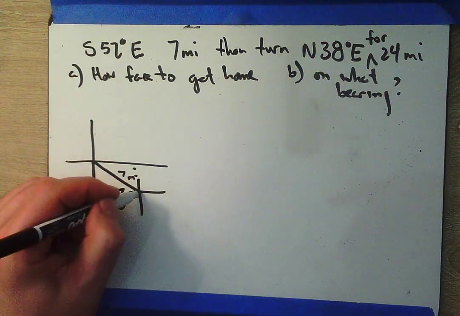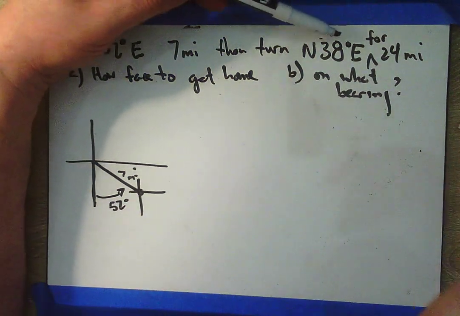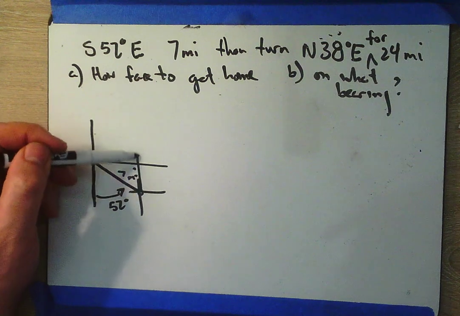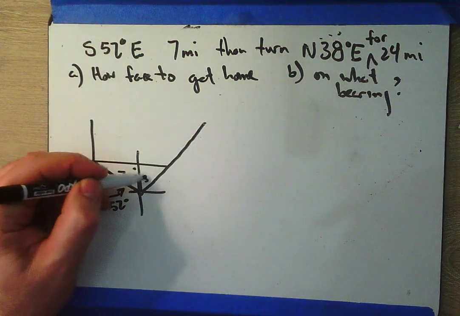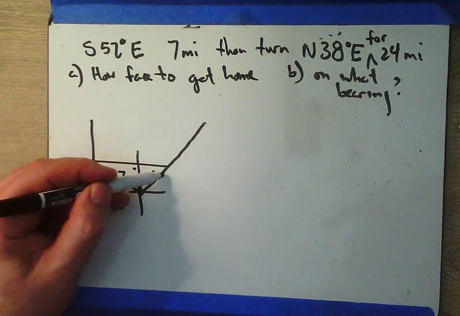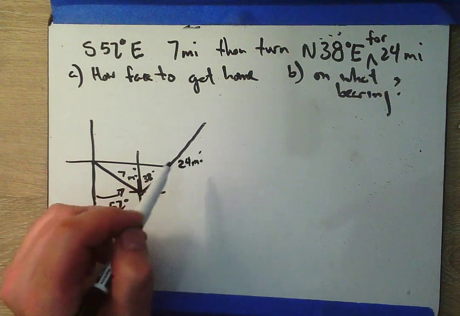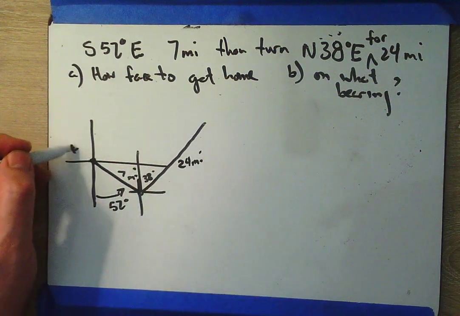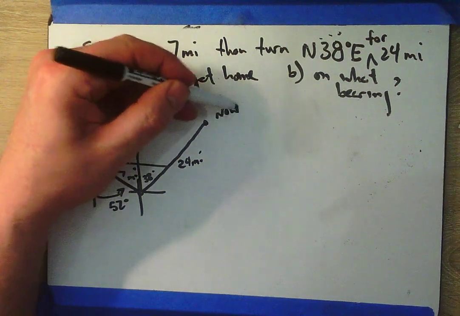And then we're going to come to this point where we're going to go north 38 east. North 38 east. Because we headed north and then 38. This is 24 miles. So here's home. Here's where we are now.